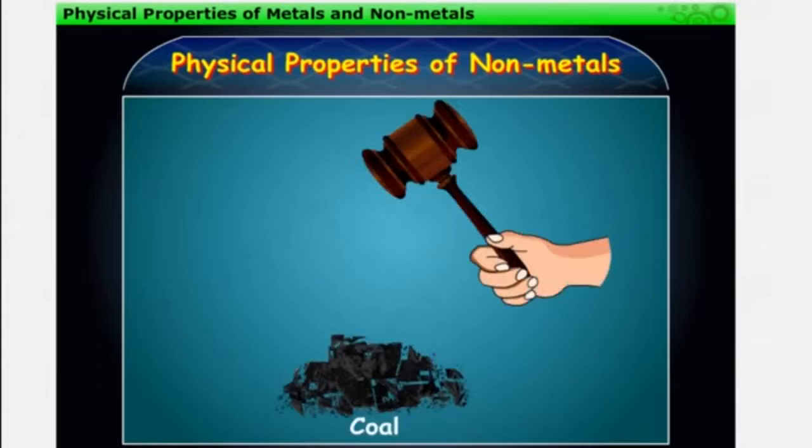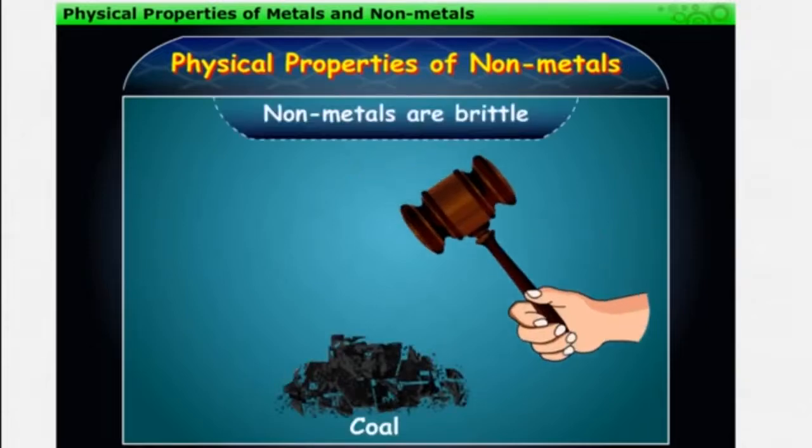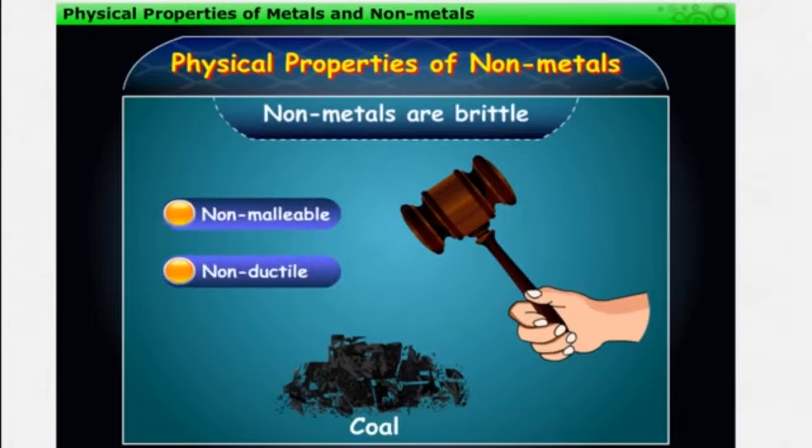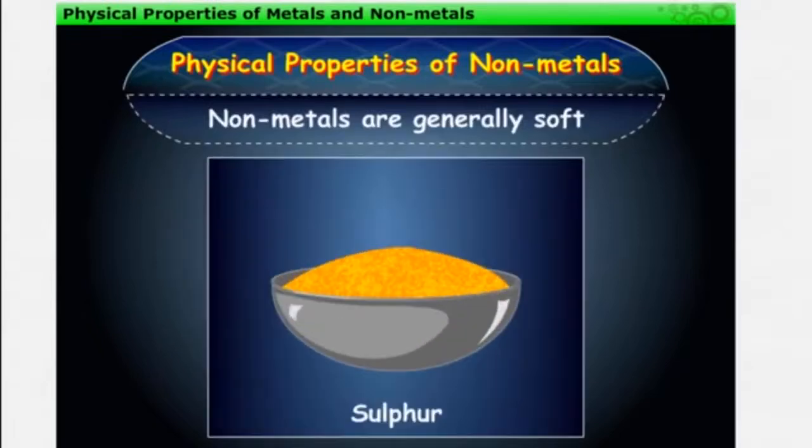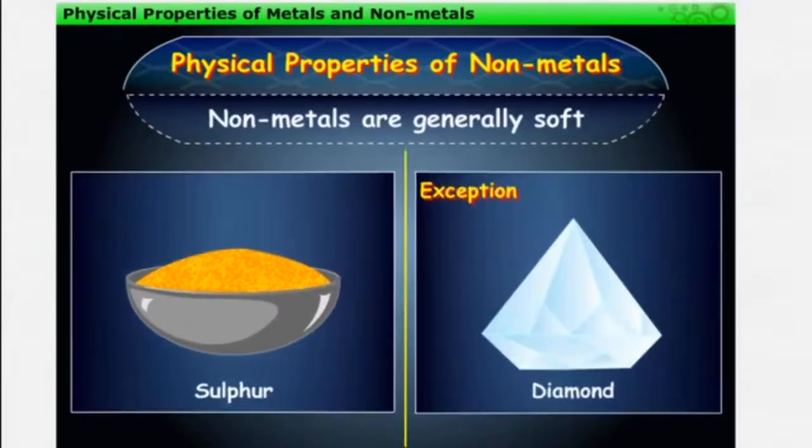Non-metals break easily, which means that they are brittle. Thus, non-metals are non-malleable and non-ductile, as they cannot be drawn into thin sheets or thin wires. Non-metals are generally soft, for example, sulfur. But diamond, which is a form of carbon, is extremely hard, and hence it is an exception.